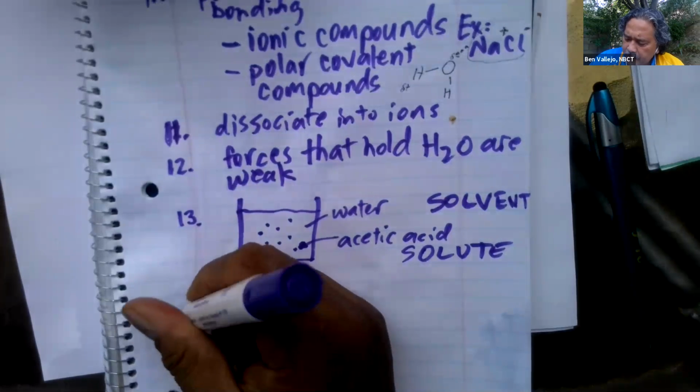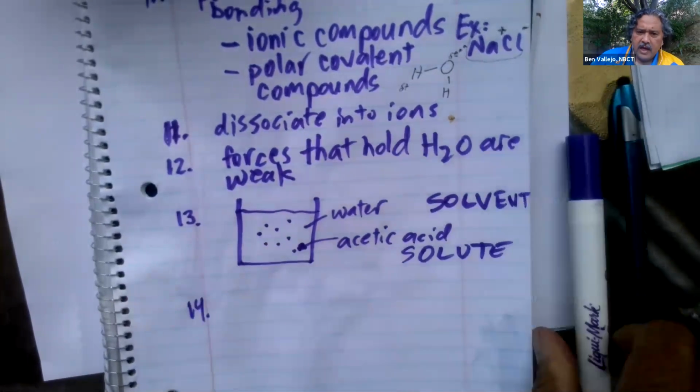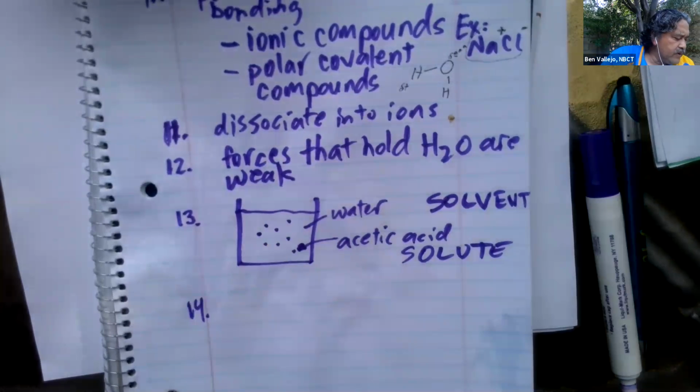All right, I'm going to pause right here, and we're going to go to number 14. Number 14 looks like it's difficult. It says, what is the percent by mass of water in iron 2 sulfate heptahydrate? Whoa, it's a good one. And we're going to show you how to do that. If you tried it ahead of time, great.